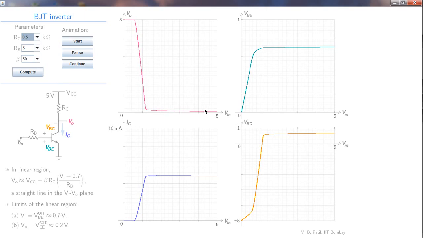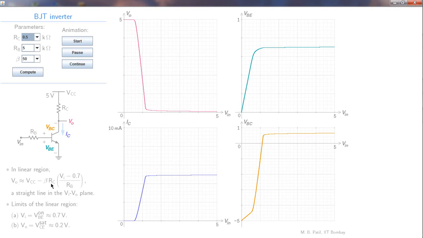How about this part? Even that will not change, because that is simply VCE sat for the transistor. So what will change is this part here, the one that corresponds to the linear region, and that is because we have RC here in the equation for that region.